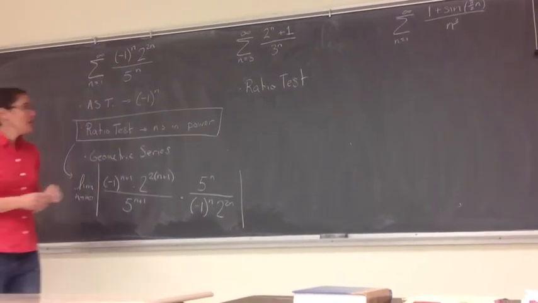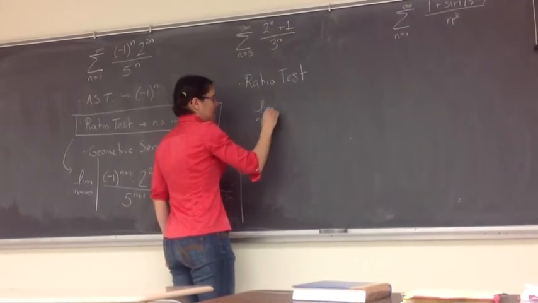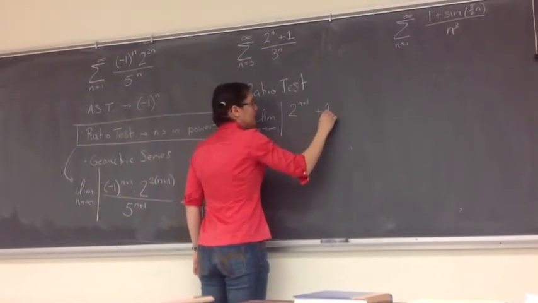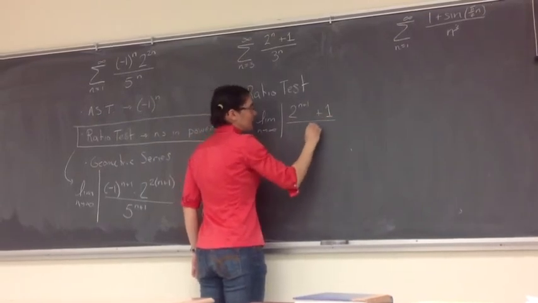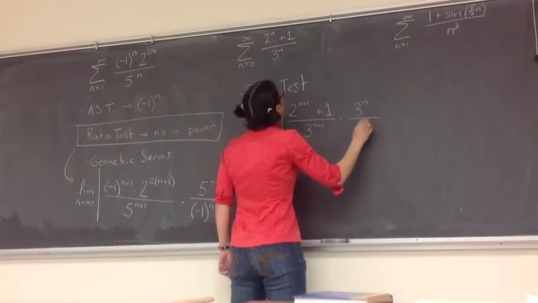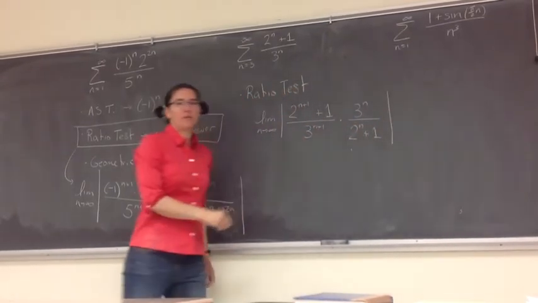So I set up my ratio, and I look at this and I say, limit as n goes to infinity of 2^(n+1) plus 1 divided by 3^(n+1) times 3^n over 2^n plus 1.